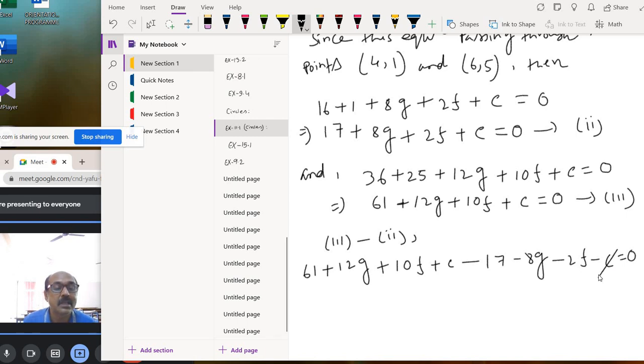Plus c minus c cancel. Now 61 minus 17 is 44, and 12g minus 8g is 4g, 10f minus 2f is 8f, equal to minus 44.